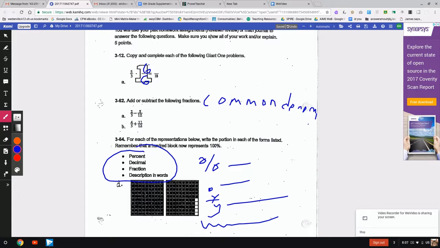Again, just to go over 362, to get a common denominator, I'm going to look at B. So I got 4/5 plus 11/12. Where do 5 and 12 meet first? Because they definitely don't meet at 5 and 12.